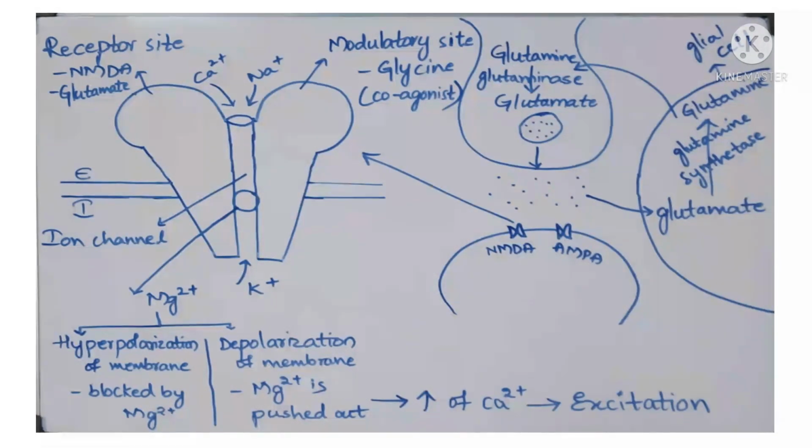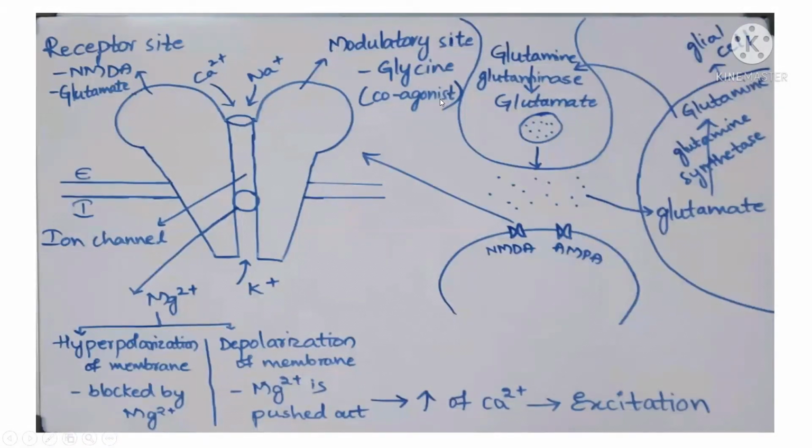On this receptor there are many binding sites. First, this is the receptor site where NMDA or glutamate, the neurotransmitter, can act. This is the major site. And if we come here, this is a modulatory site where glycine can act.